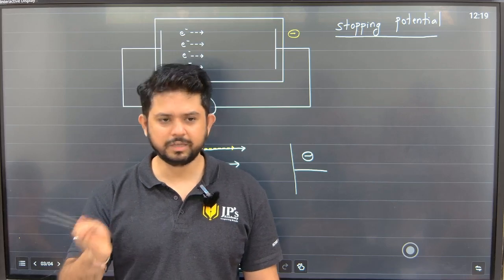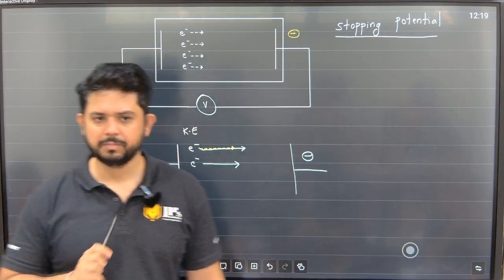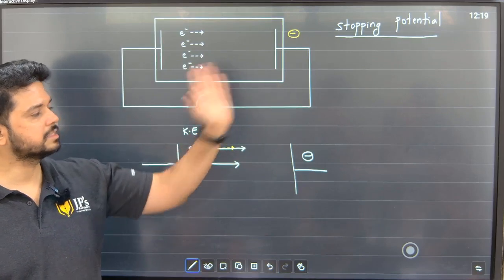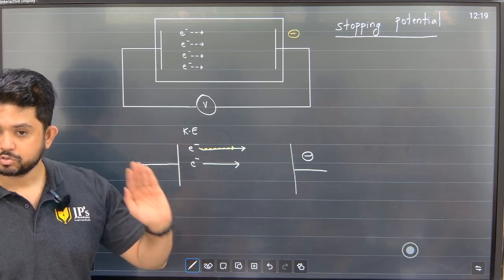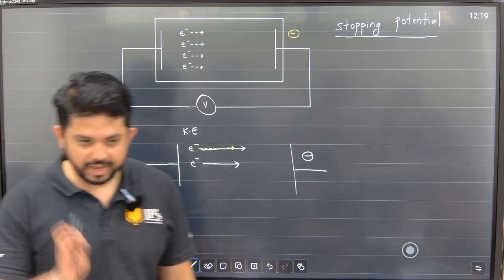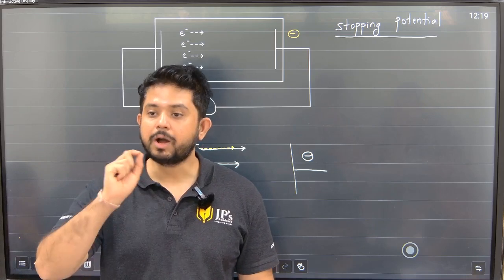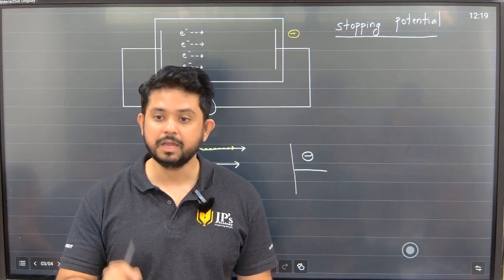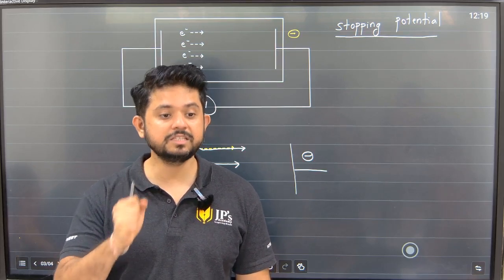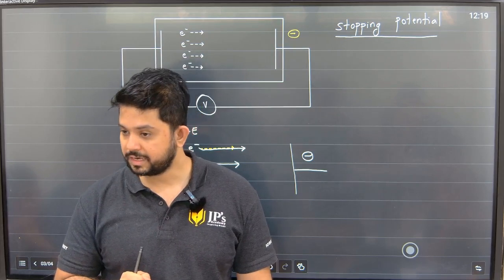You can also do the opposite way, but what we're trying to find is the potential required to stop the electron. At that potential, we have the maximum energy which was required to stop the electron.